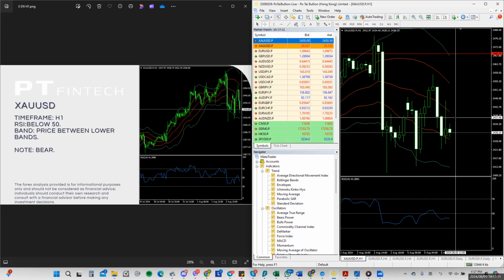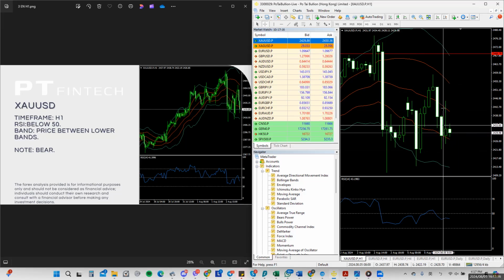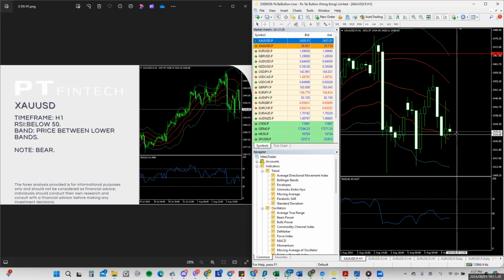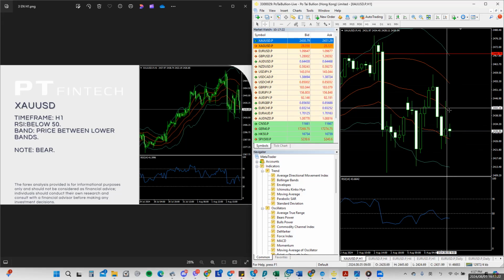When it's respecting the ranging market, trade in between the 1.0 deviation bands. Meaning if you're going to enter now with a buy, exit when the prices reach above the MA20. But obviously, a stronger buy will be more obvious if the RSI is around 50 or above 50.